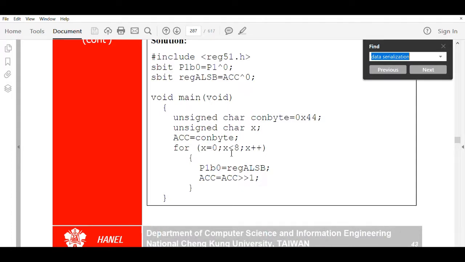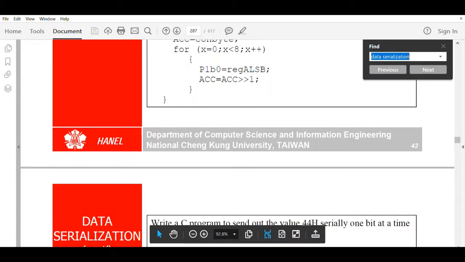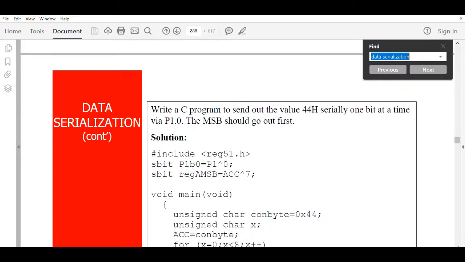The logic is the same. The only difference is that in the earlier case, when we did the assembly language programming, we rotated through the carry because only the carry can be transferred to P10, but here we are able to transfer this directly. We are not using any carry. That is shifting to the right and serially transferring the data.